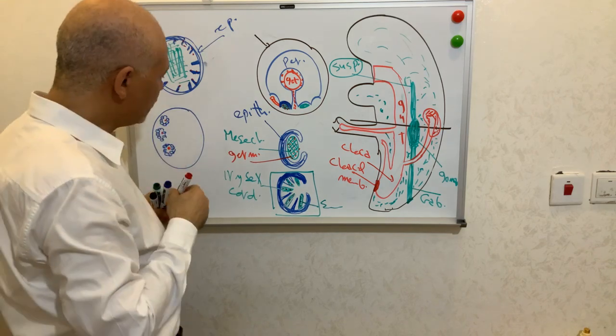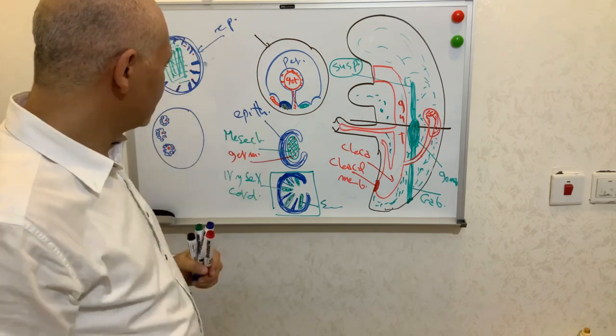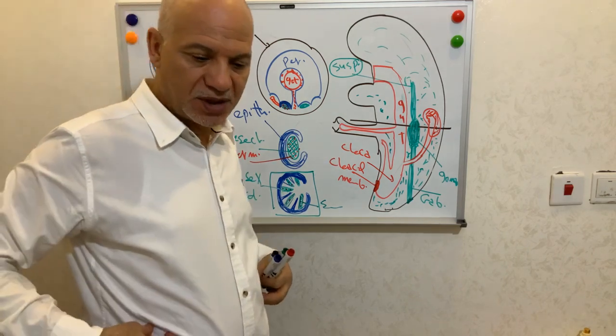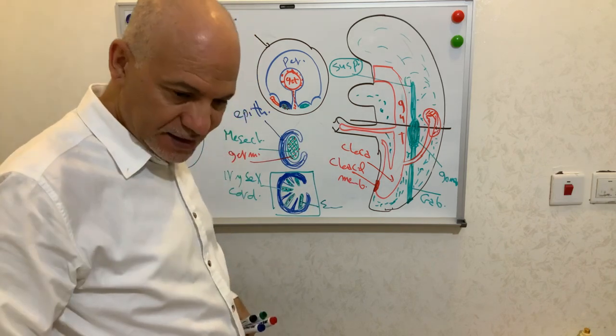Now, the ovary is formed in the abdominal region. Then the ovary descends in the pelvis.